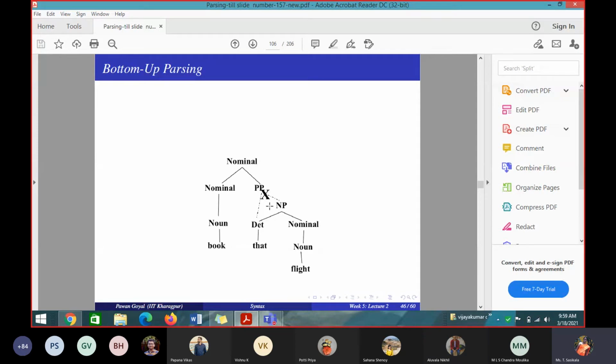Preposition gives determinant NP is there. PP gives what? What is the rule you have? Whether PP gives only NP is available? No, ma'am. So if I have that, that is fine. But PP gives NP along with some other thing is not available. One more path is not available. So that is also not correct.